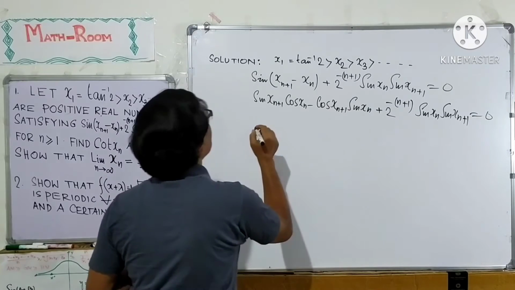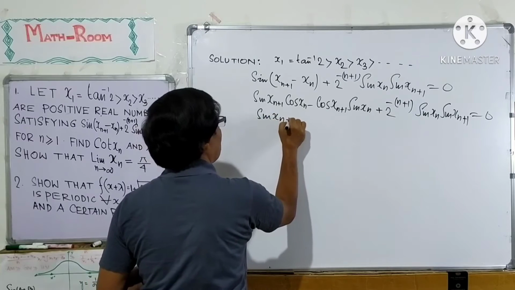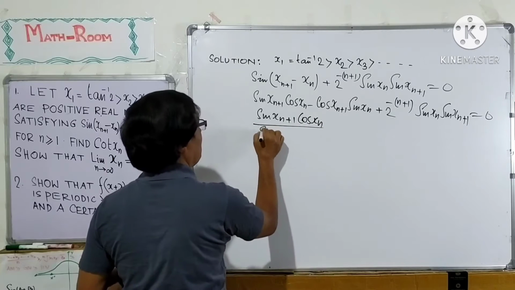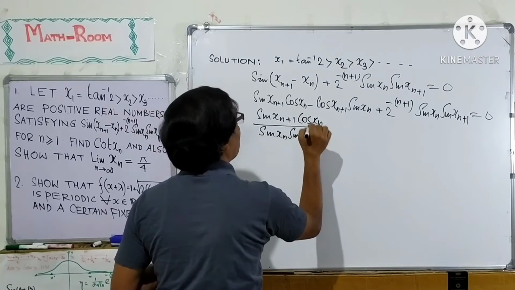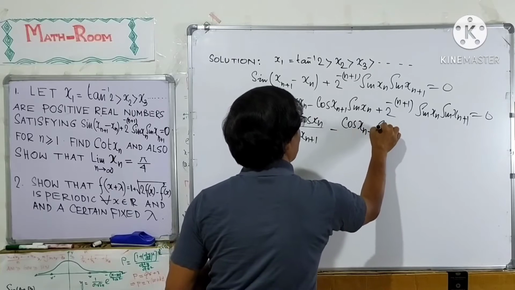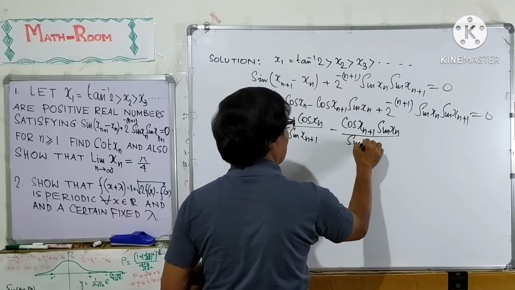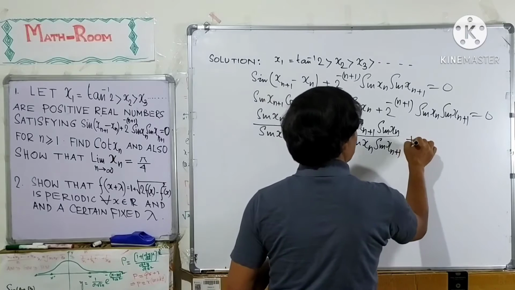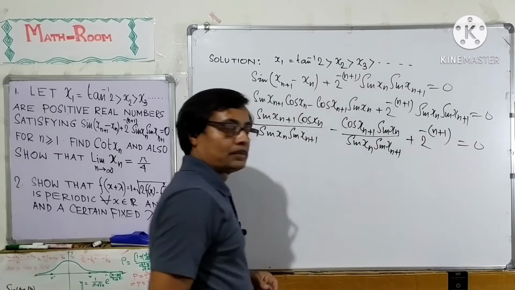After dividing, we get sin x_{n+1} cos x_n over sin x_{n+1} minus cos x_{n+1} sin x_n over sin x_{n+1} plus 2 to the power minus (n+1) equal to 0.